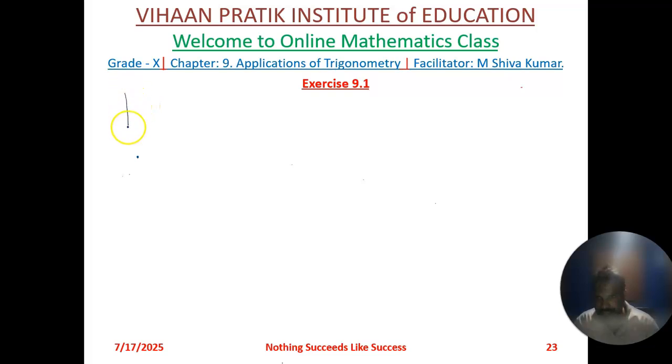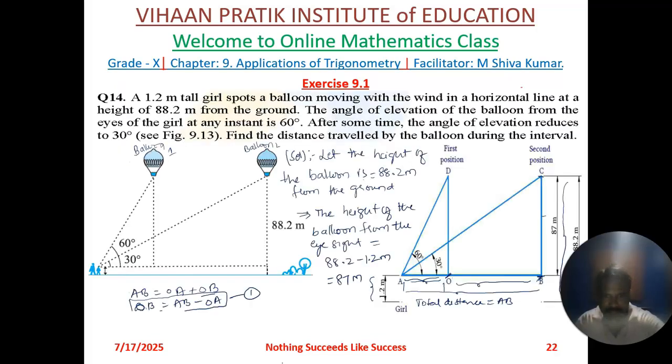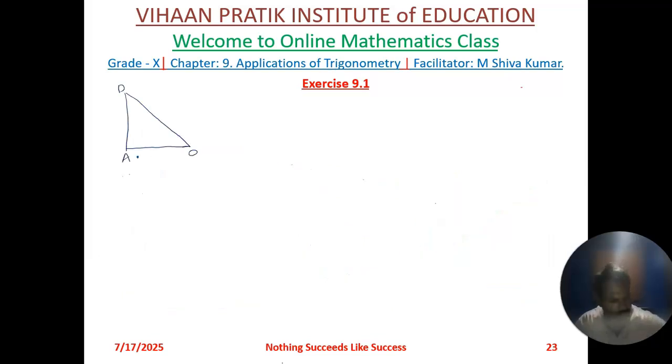One triangle is AOD, and let's assume this is D. Here the angle of elevation is 60 degrees. So this is ADO.